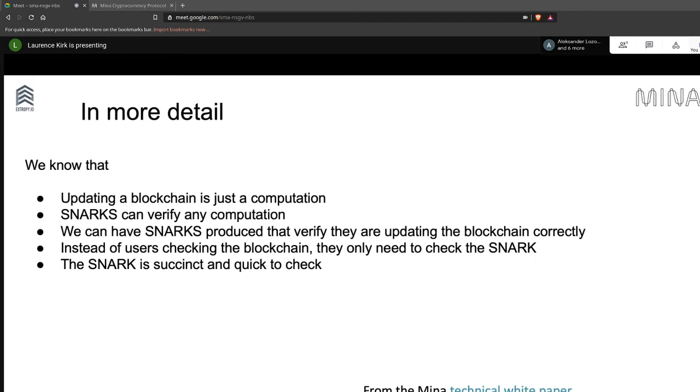So we can use our SNARK to verify the computation, the transition between the blocks. If we have a correct initial state, we can verify that there's a transition to another state that must also be correct because the transition was correct. And so you only need to check the SNARK when you see the update to the chain. The feature of SNARKs is that they are succinct and they are quick to check.